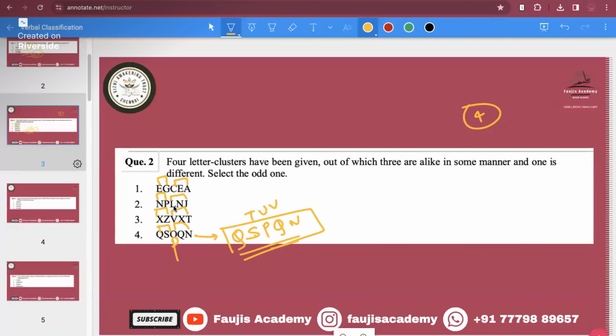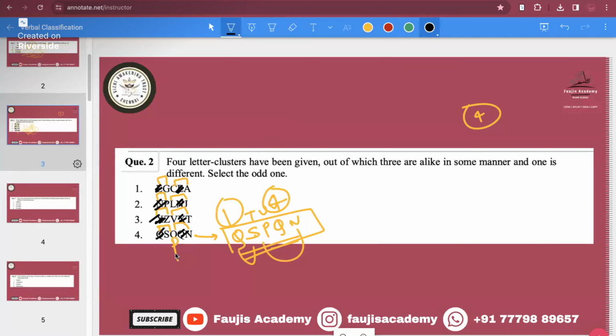L, P, Q, R, Q, R, X, Y, Z, M, N, O, P, E, F, G, Q, R, S. Okay, M, N, O, P. And the first and the fourth letter are same. Right, guys? The first and the fourth letter are same.